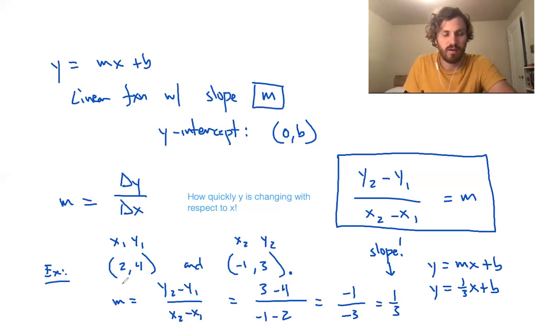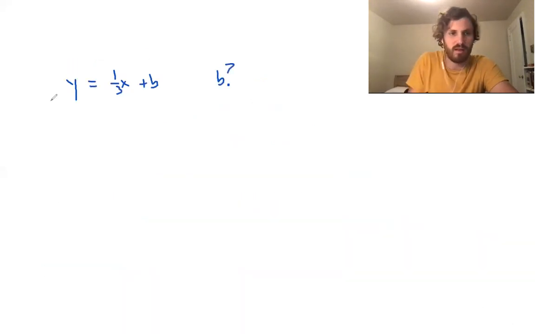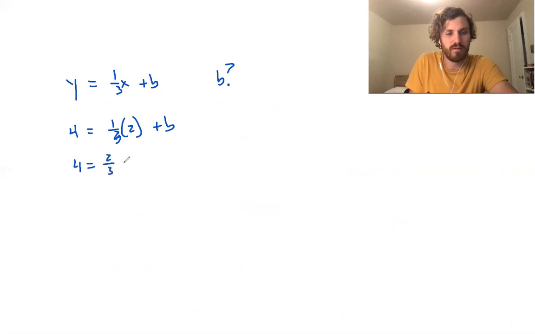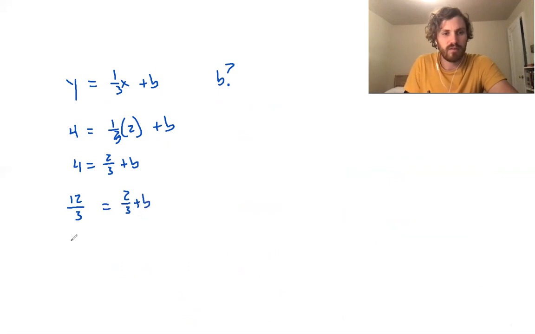So coming back here, why don't I choose the (2, 4), and I can basically plug in 4 for y and 2 for x and find my b value. So I'd get 4 equals 2/3 plus b, and subtracting 2/3, let's see, 4 is 12/3. Subtracting 2/3, I should get 10/3 equals b. And so I could finally write my equation as y equals 1/3 x plus 10/3.